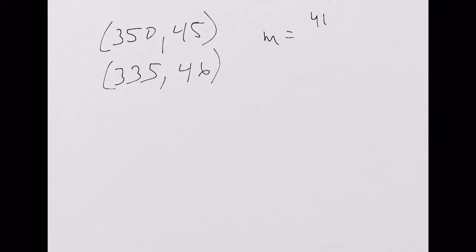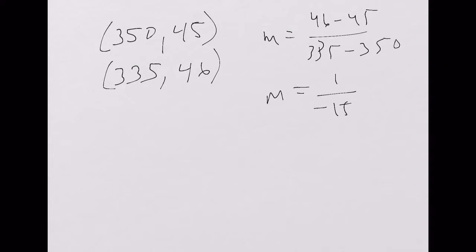So I'll do 46 minus 45 over 335 minus 350. Again, that's just using y2 minus y1 over x2 minus x1. And so I'll get 1 over negative 15. So that's my slope.